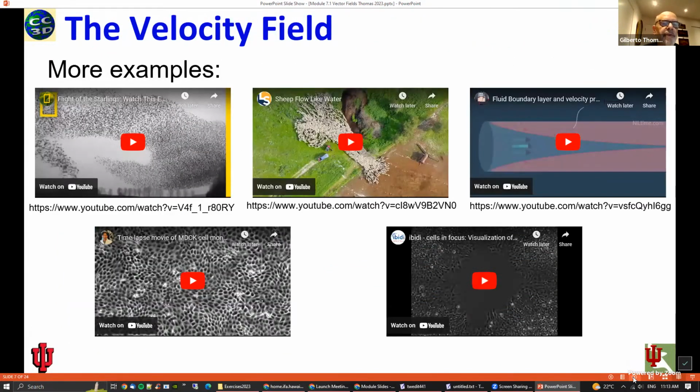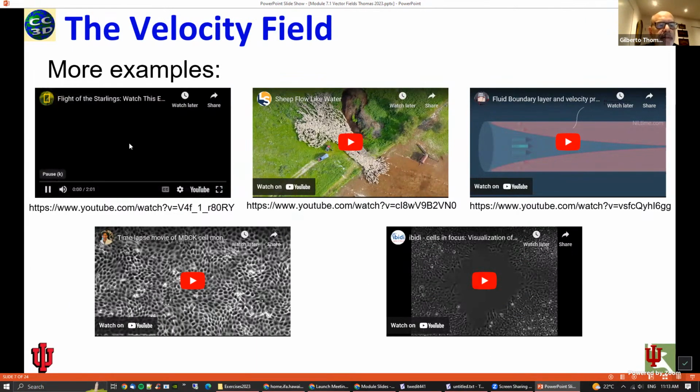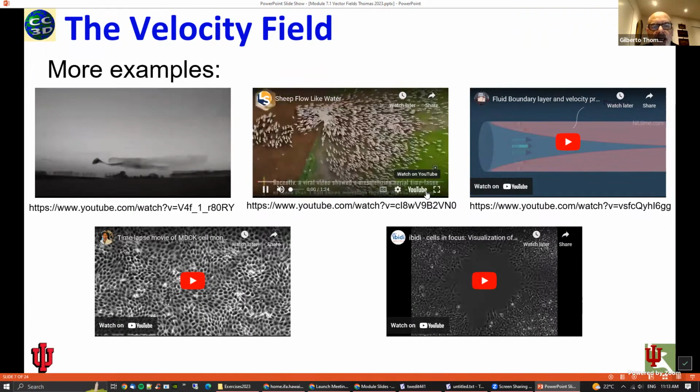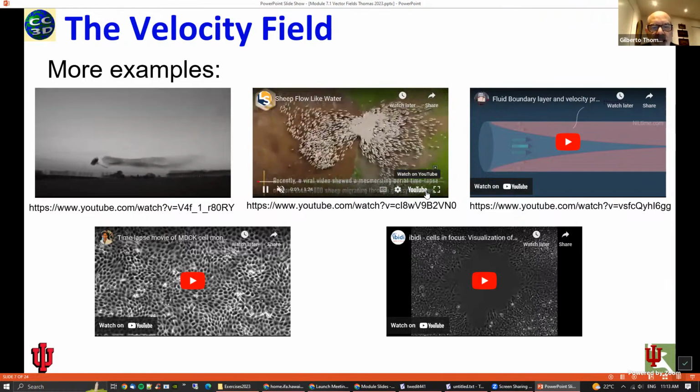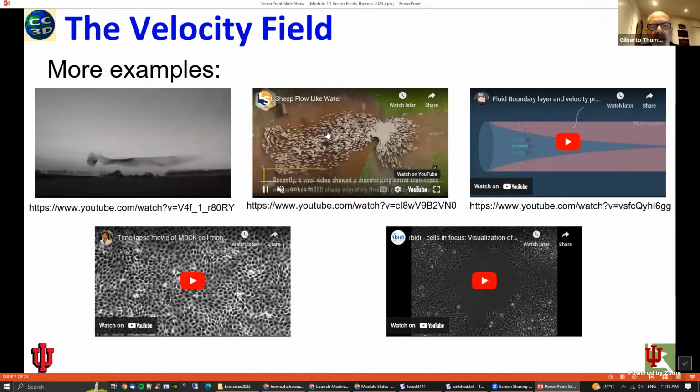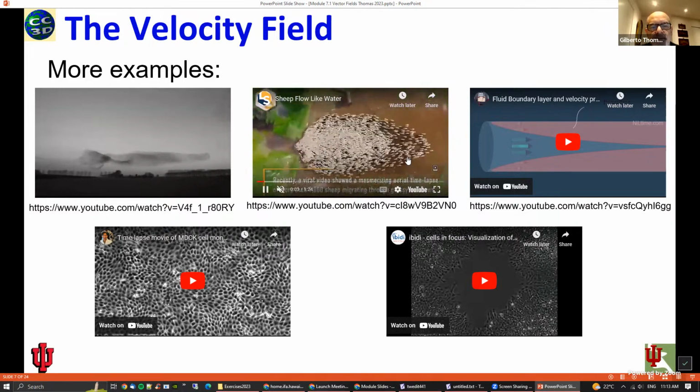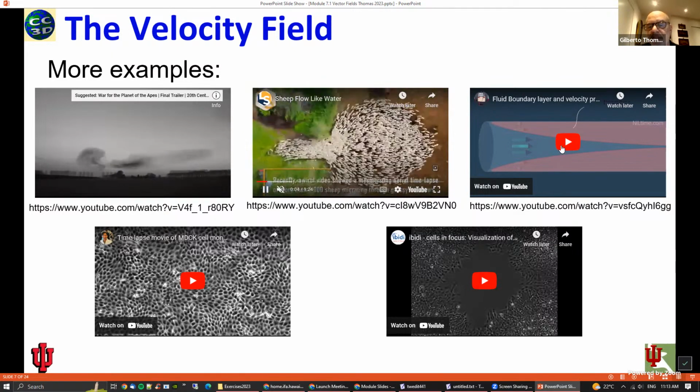See here, for example, we can use a velocity field to map birds, like in accelerated time here, the motion of a flock of ships, I don't know.